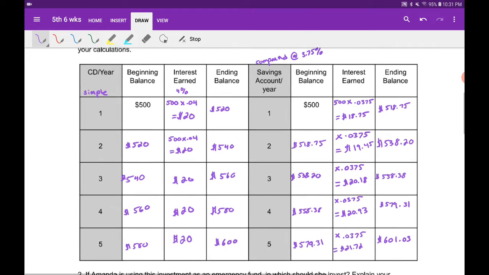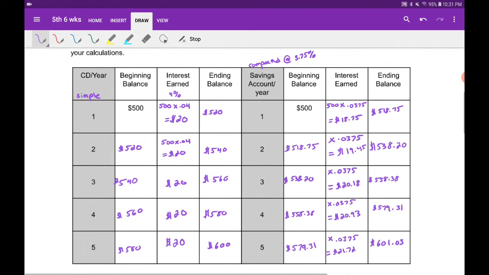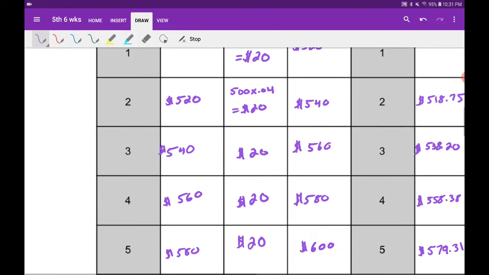Okay, and there's a very good reason why. So here, with your simple interest, you have a constant rate of interest earned, which is just $20. So that constant rate is your slope. And what you end up having, if you make an XY grid, say this is 500, you have this line, and it's linear.